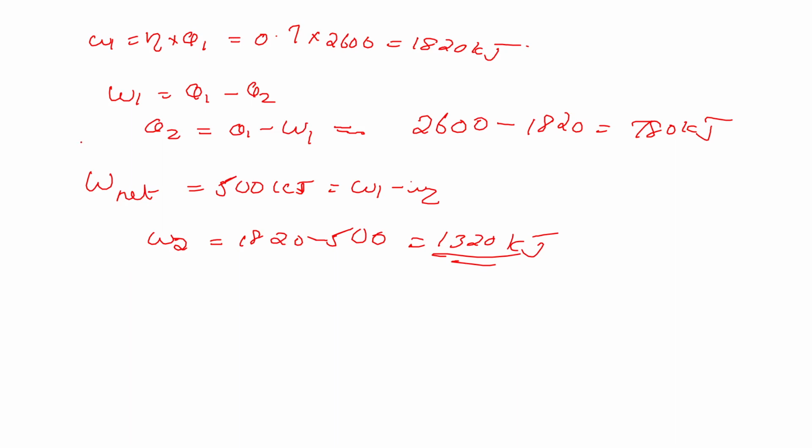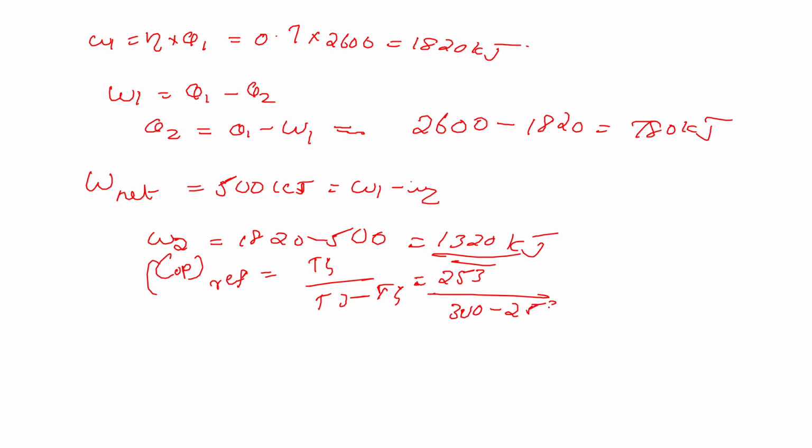Now what we have to do for this further? Here we found only W2. Now we have to go for the refrigerator. So COP of refrigerator will be T4 divided by T3 minus T4, that is 253 divided by 300 minus 253, that is 5.38.